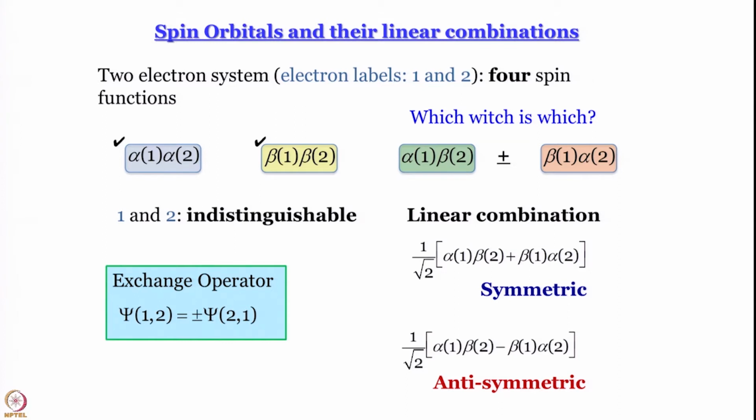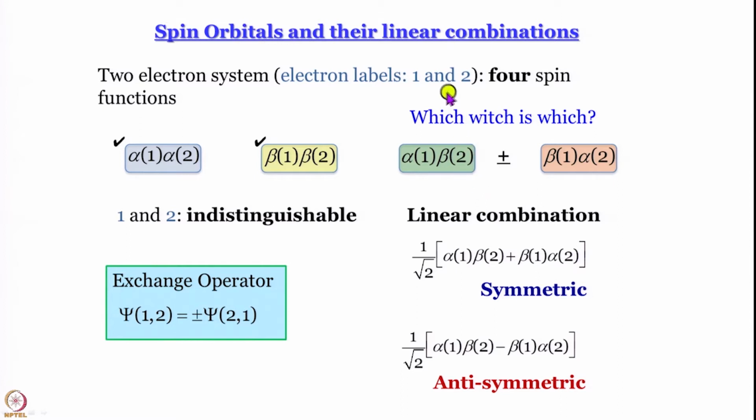So, for 2 electron systems we have learnt that we can have spin functions alpha 1 alpha 2 and beta 1 beta 2, but we cannot have alpha 1 beta 2 and beta 1 alpha 2 by themselves, because we cannot distinguish between electron number 1 and electron number 2.